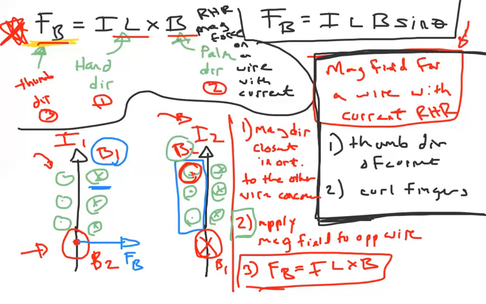So my fingers should be pointed up towards the top of the screen, thumb to the left. And then I want to look at the applied magnetic field, because I'm just looking at current direction right now. The applied field is B1, which is in. So my palm should be facing the screen, and then my thumb's already in the right direction, but if you want to give that finger curl, go ahead. Good job. That means that's the direction of FB.